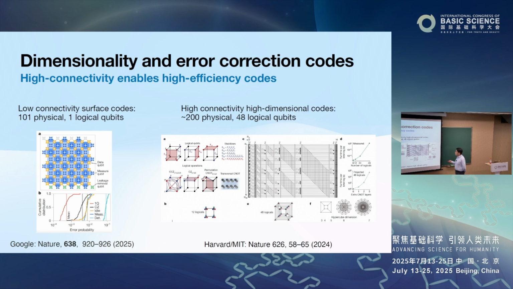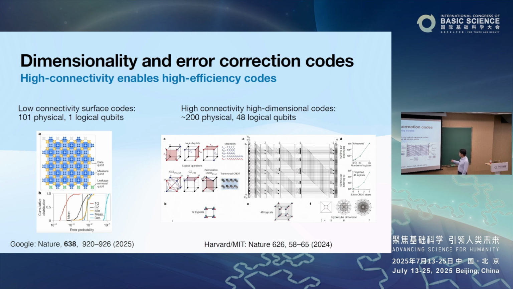I sort of alluded to this connectivity problem, and let's expand a little bit. If we have a 2D nearest neighbor connected system, then in quantum error correction codes, the well-celebrated surface code doesn't have very high encoding rates.